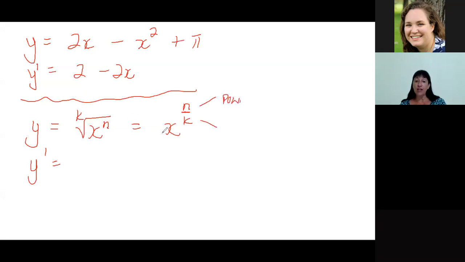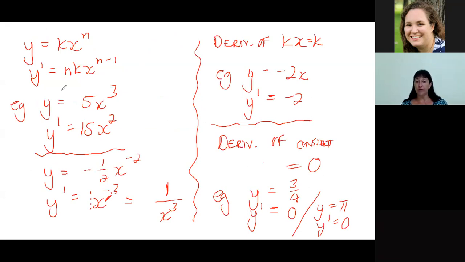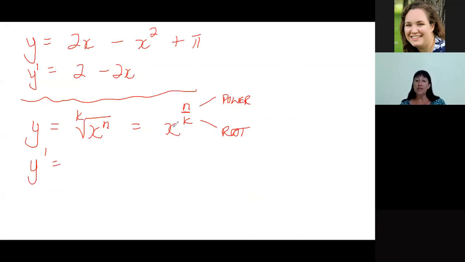You first change it to a fractional power, because then you can go ahead and use your original, general derivative. In other words, bring the power forward, keep the x, and then take the existing power and subtract 1.